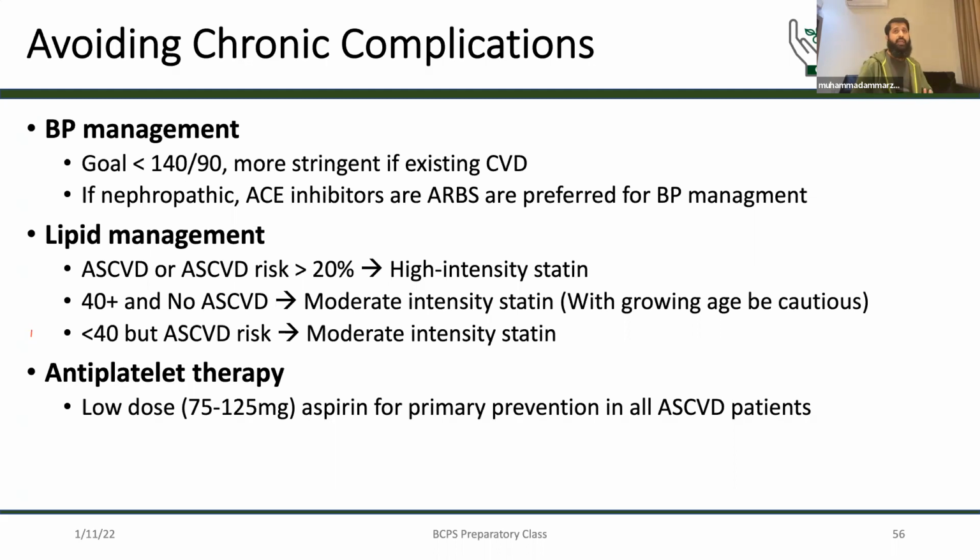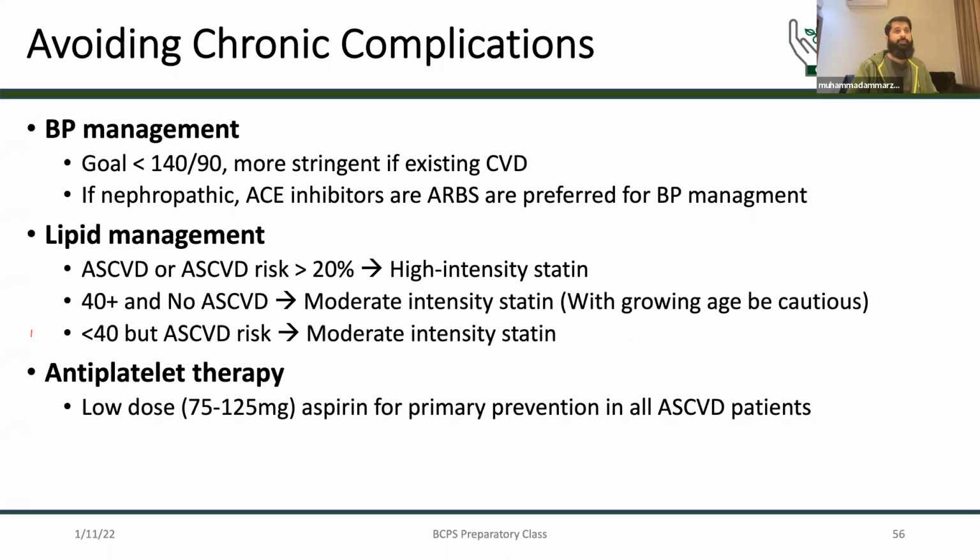For example, if the patient has cardiovascular disease with diabetes, his blood pressure should be 130 by 80, not 140 by 90. So the levels are more stringent for patients with existing cardiovascular disease.